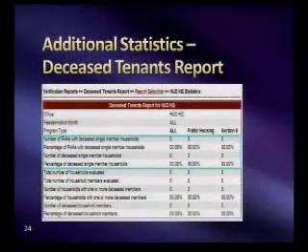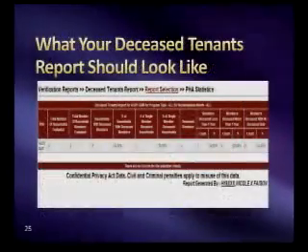Your additional statistics on the deceased tenants report, just showing you within the blue box there, you have your number of single-member deceased households as well as participants, okay? Now, this is what your deceased tenants report should look like. This is my favorite report. It should be 00000. If your report does not have zeros going all the way across, that means you got a little work to do.